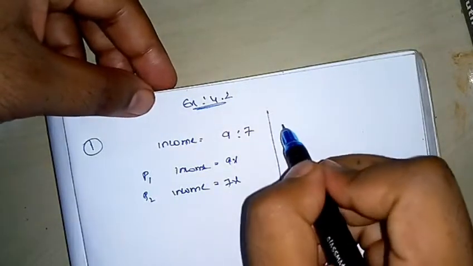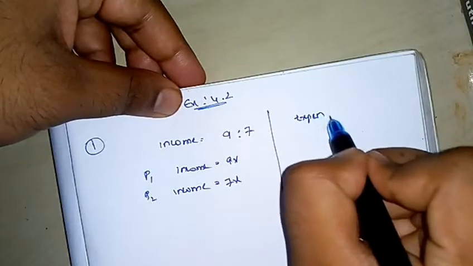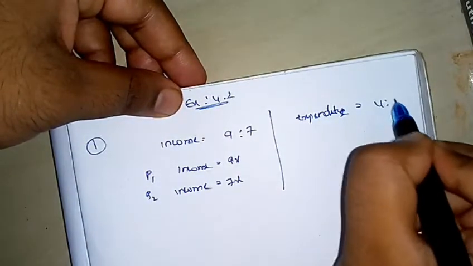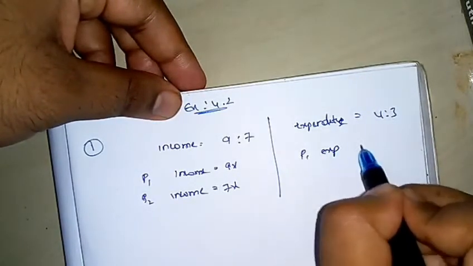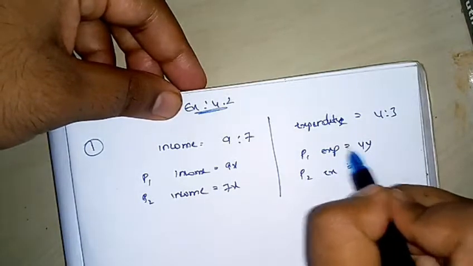And it is given that the ratio of their expenditures is 4:3. So for P1, expenditure will be 4y, and for P2, expenditure will be 3y.